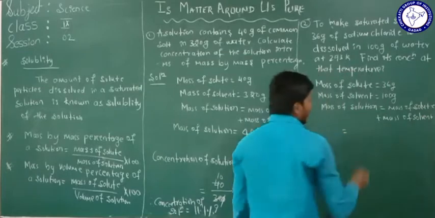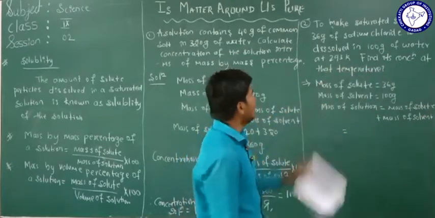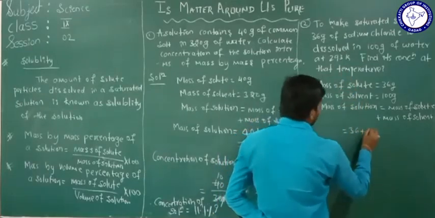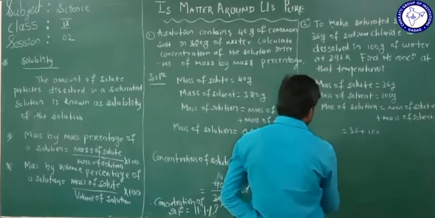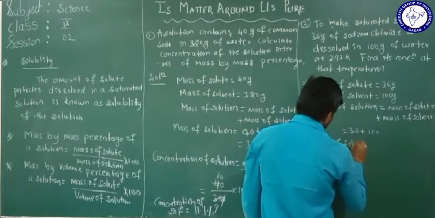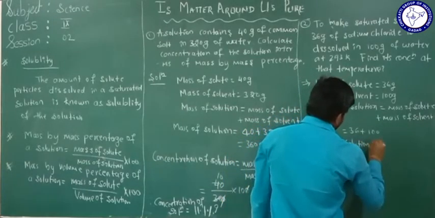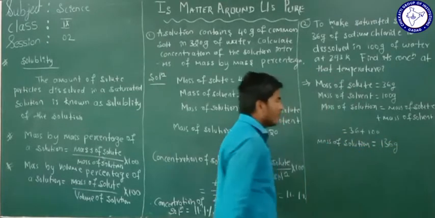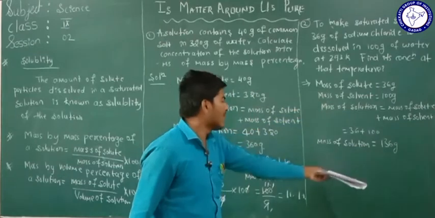That is, the mass of the solute here is 36 gram and the mass of solvent is 100. Therefore, mass of solution is equal to 136 gram. We now have the mass of the solute and the mass of the solution.